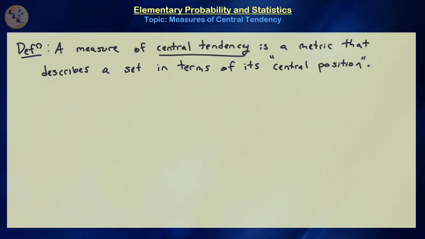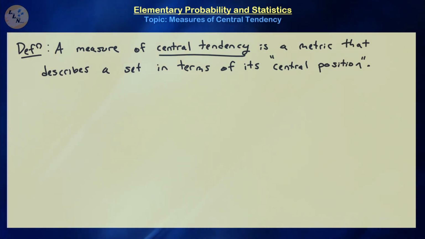So it's useful to give a definition, whether how good it is at describing this topic is another story. The general definition for a measure of central tendency is just a metric that describes a set in terms of its central position. Of course, one may ask, how do you define central position?